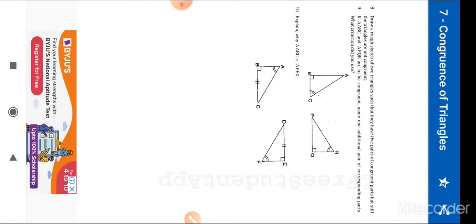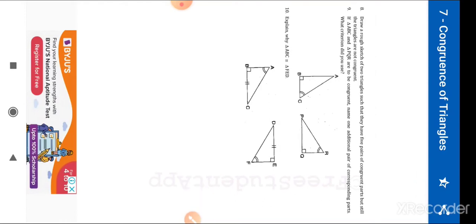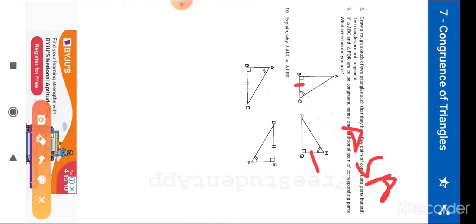So if side BC is equal to side QR, then these two triangles can be congruent by ASA congruency criteria. Now move to the last question, and last question is, explain why triangle ABC is congruent to triangle FED.